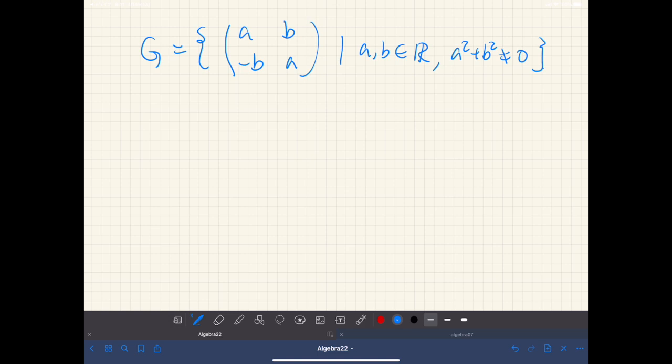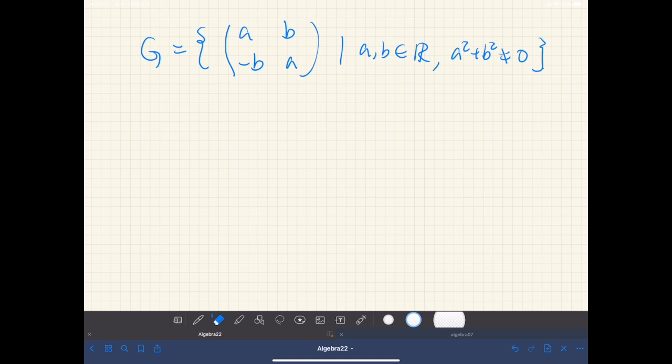So that means at least one of A or B is non-zero. Of course, they can both be non-zero, but they cannot be equal to 0 at the same time. And this G is a group under ordinary matrix multiplication.